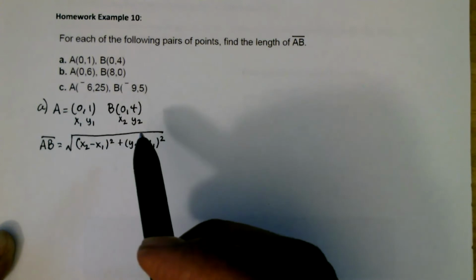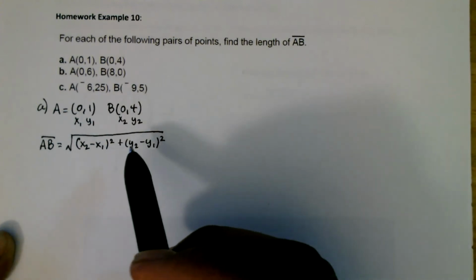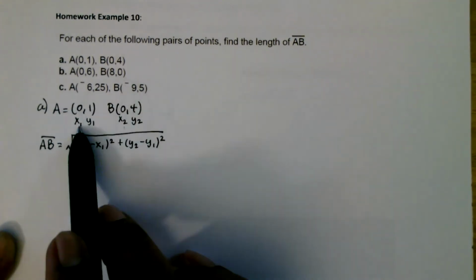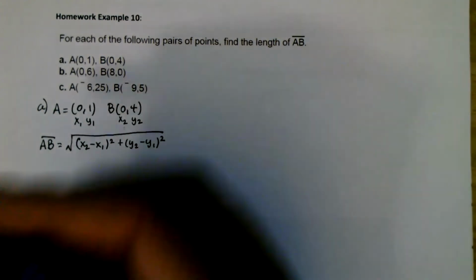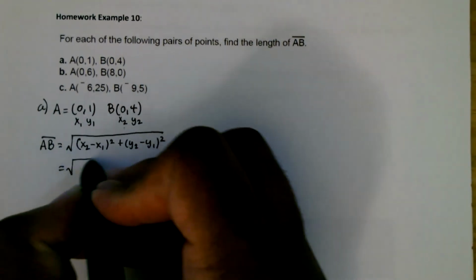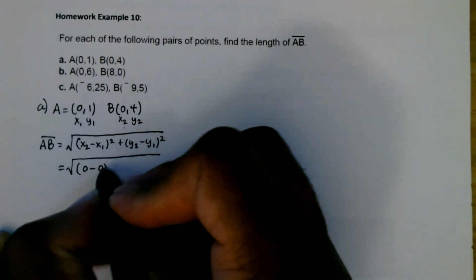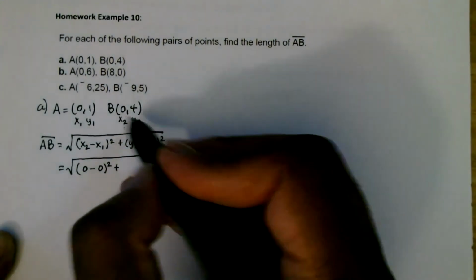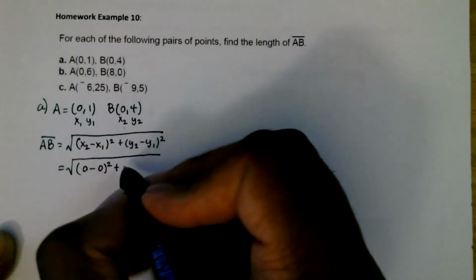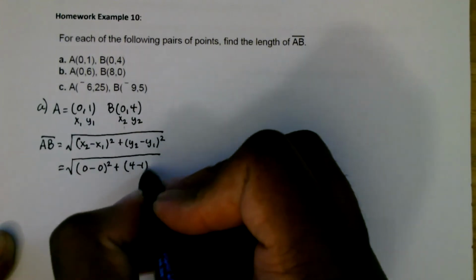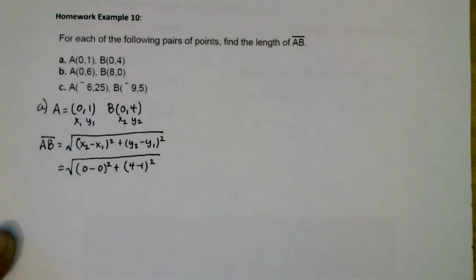In this case, x2 minus x1 is 0 minus 0. So I've got the square root of 0 minus 0 squared, plus y2 minus y1, that'd be 4 minus 1, quantity squared.